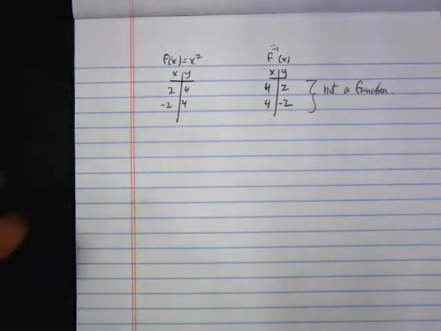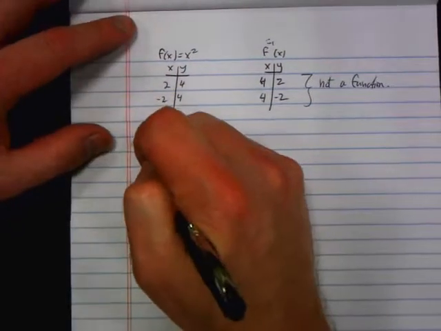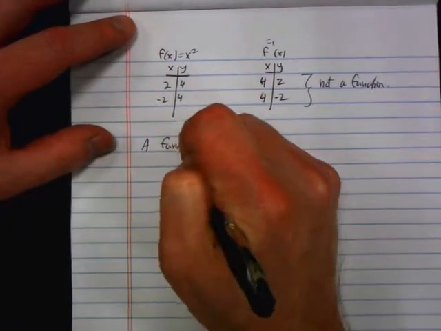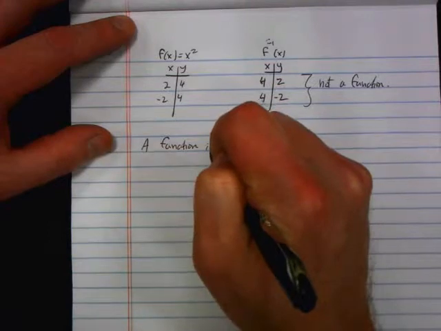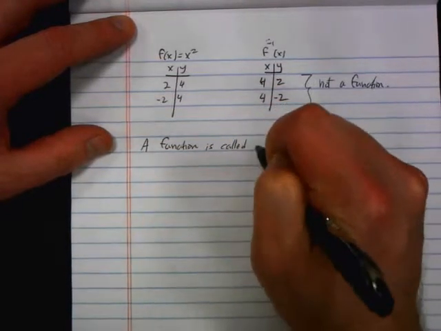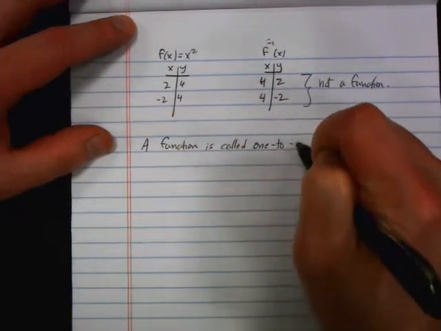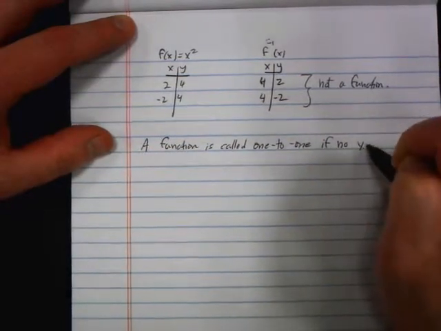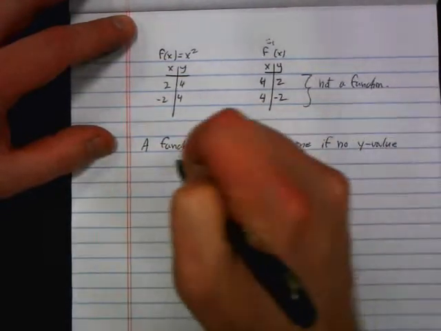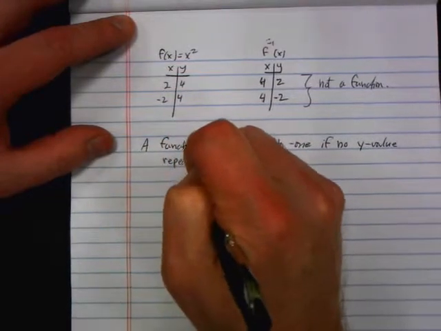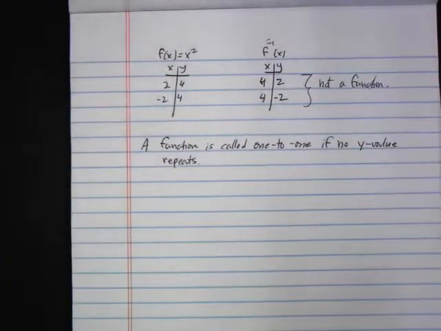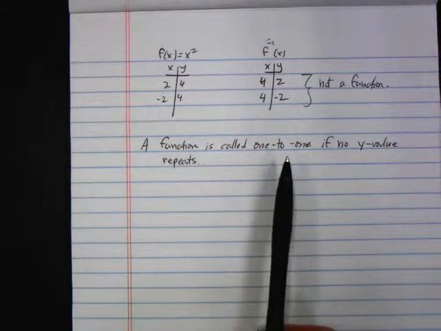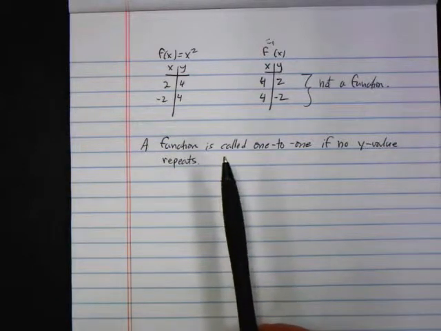All right, so a few definitions. A function is called one-to-one if no y value repeats. Our definition of function from back in algebra was that no x value can repeat. So for a function to be one-to-one, not only can no x value repeat, but no y value can repeat.